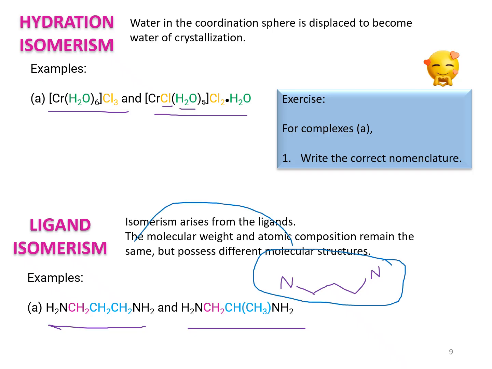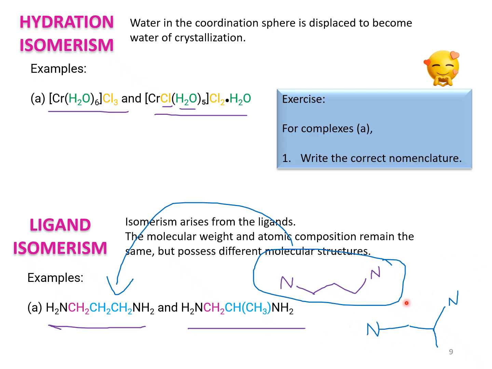So what about the second compound here? The second compound here is this: you have N here, CH2. This is CH, where the CH has a CH3 here, and then there's an N here. So you have CH2, CH, CH3, and N. So it becomes a branched structure.